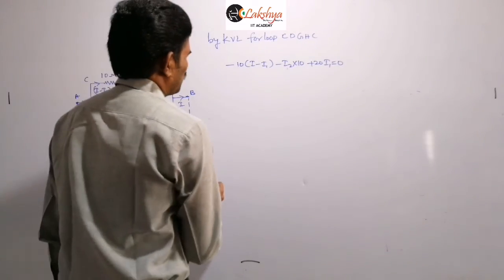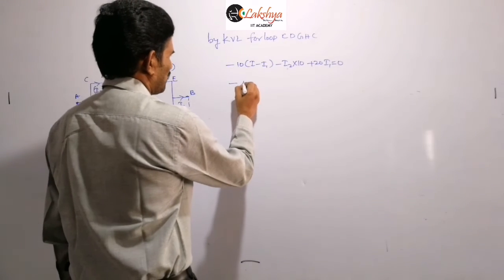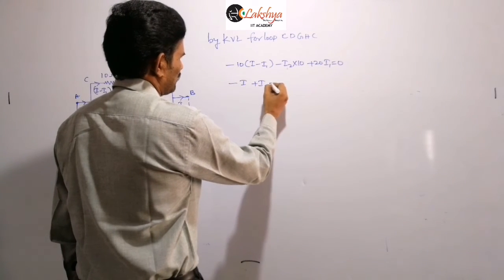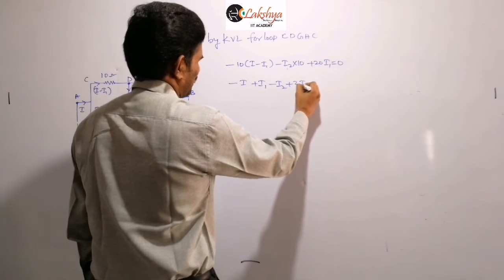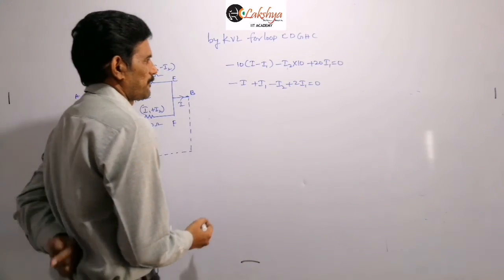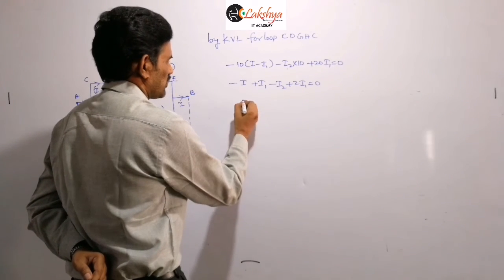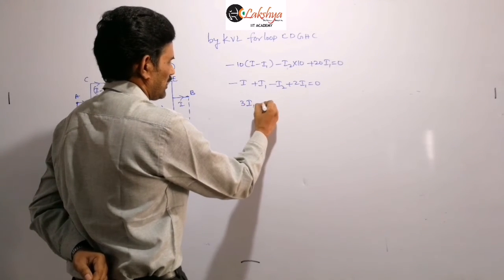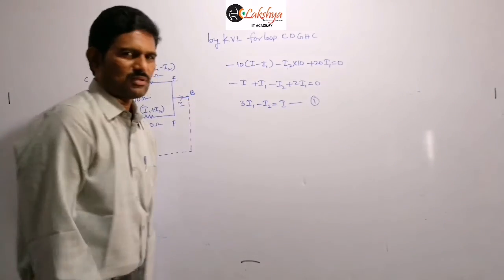And so now let us simplify here. I can divide with 10. Then directly I am writing minus I plus I1 minus I2 plus 2I1 is equal to 0, right? And so now, I plus I1 and this is 2I1, so 3I1 minus I2 is equal to I. Suppose this is one equation, right?